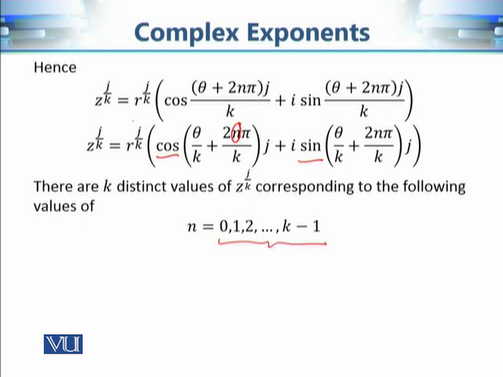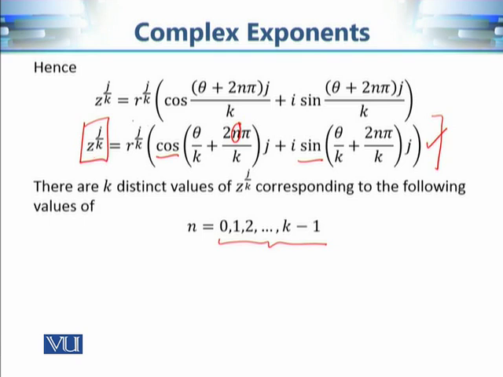So we can say that the k distinct values of z raised to power j over k are obtained when n is equal to 0, 1, 2 up to k minus 1. Of course, in this expression j and k are fixed, but we are trying to find out: is this output z raised to power j over k a single value or many values?